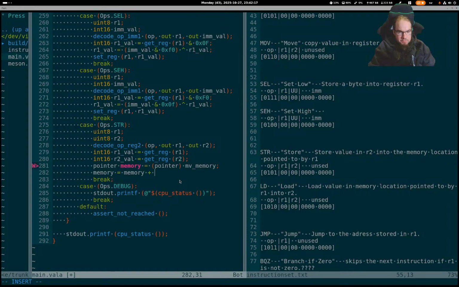To get register. Okay. We need to increment the memory pointer.